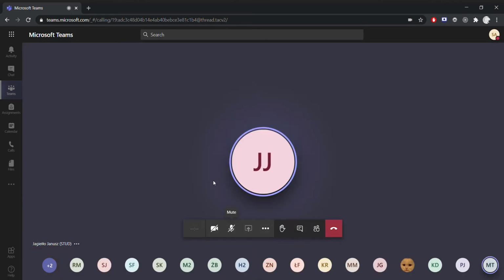Okay, so this is my idea for the less function. Is it here? Yeah, it should be here.